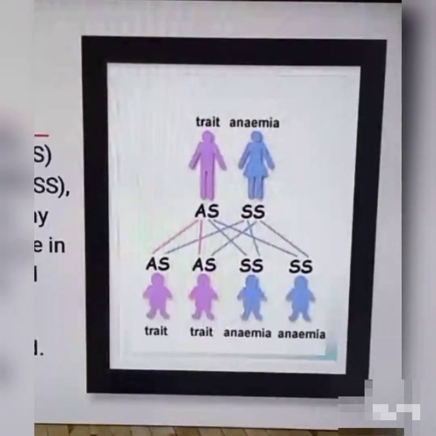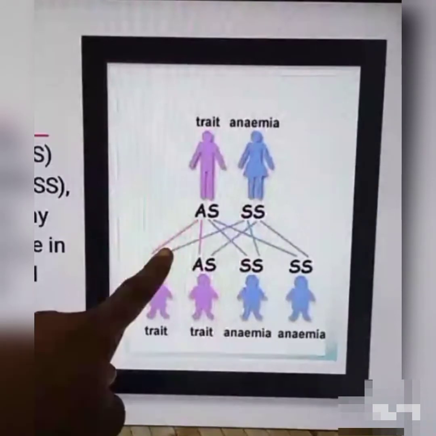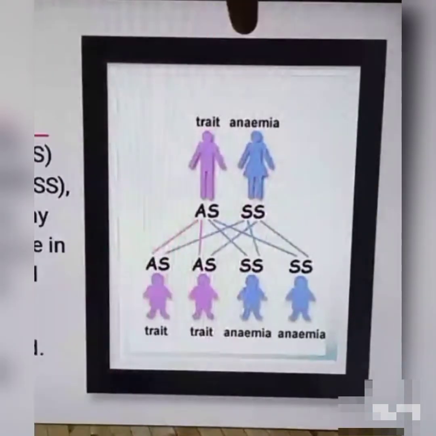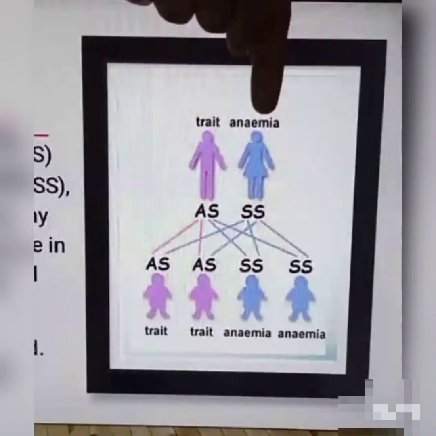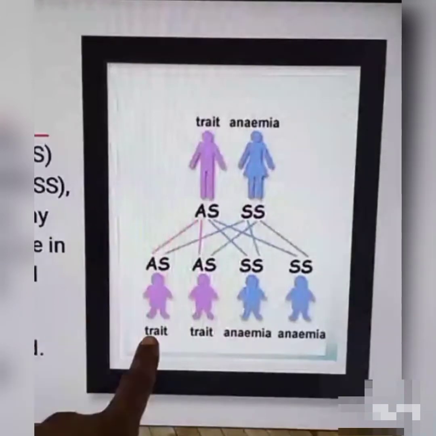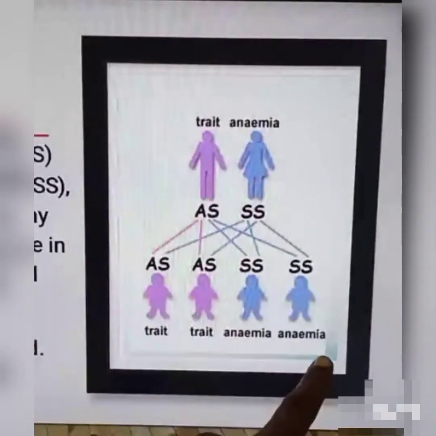Now, a man is AS, and he wants to get married, and he gets married to a lady that is SS. That is, the man has a trait. He gets married to a sufferer already, someone that has anemia, that's a sickle cell patient. Look at the outcome. They will not have any normal children.